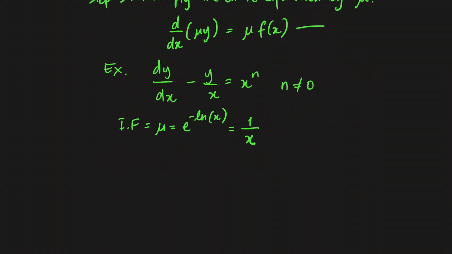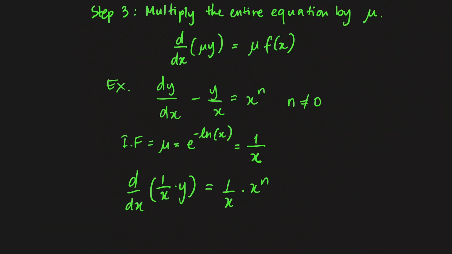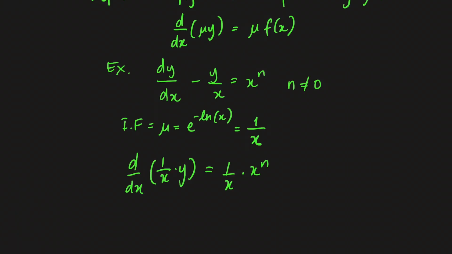We want to get this kind of model. Therefore, in this example, it will become d over dx of 1 over x times y equals 1 over x times x to the power of n. In this case, f of x is equal to x to the n. If we simplify this equation, it will become d over dx of y over x equals x to the n minus 1.